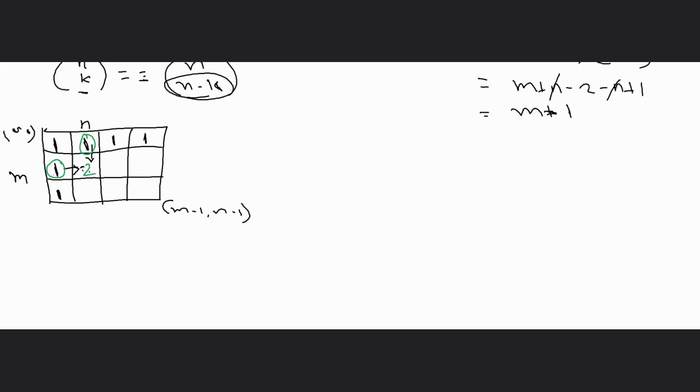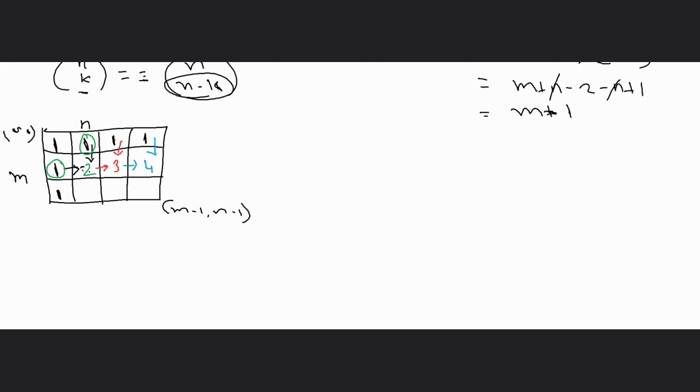And now for this cell, what is the number of unique paths? We can come into this cell from here and here. So the number of unique paths for this cell is 1, and for this cell is 2. So 2 plus 1 is 3, right? Now let's take this cell. We can come here like this and like this, right? So we add 3 plus 1, which is 4.